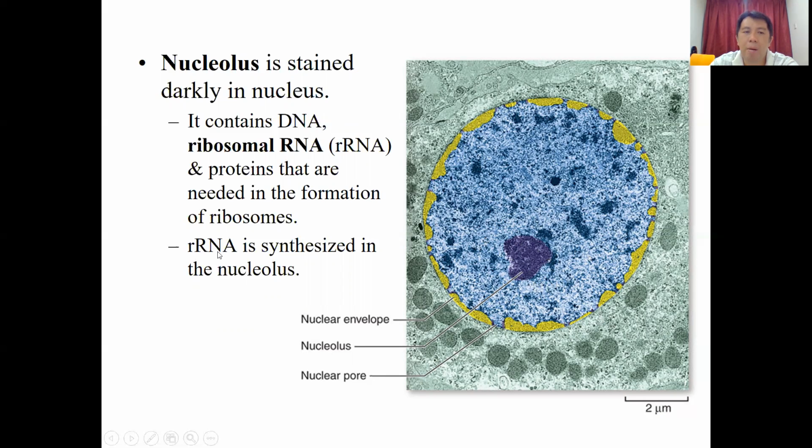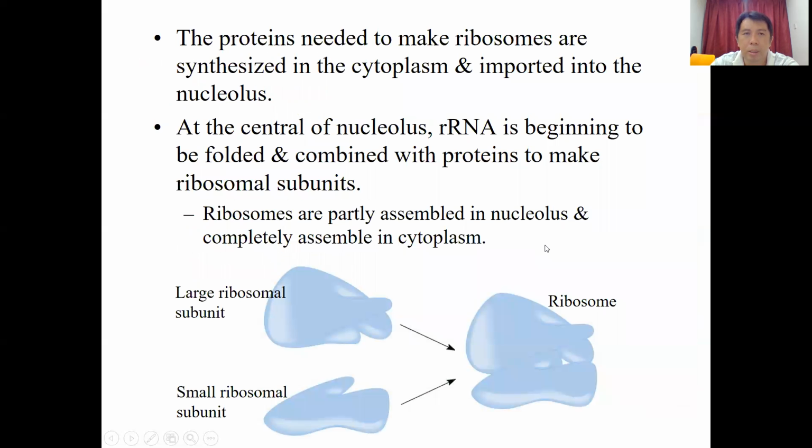As you know here, rRNA is synthesized in the nucleus. Then the proteins needed to make ribosomes are synthesized in the cytoplasm and imported into the nucleus, as I explained to you just now. Then in the nucleus, the rRNA is folded and combined with the proteins to form the ribosomal subunit.